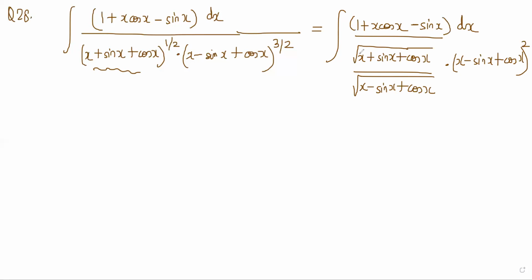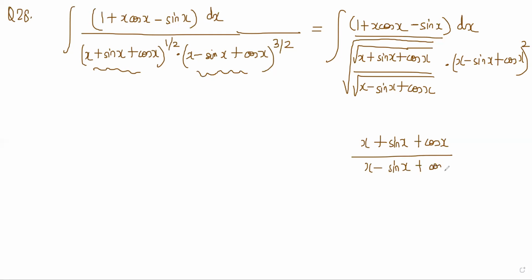Basically what I'm trying to do is convert this part into a square, because 4 by 2 will be power 2, and get one big root here. I'm hoping that (x + sin x + cos x) by (x - sin x + cos x) I can take as t or something.